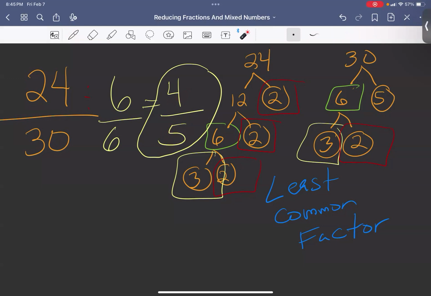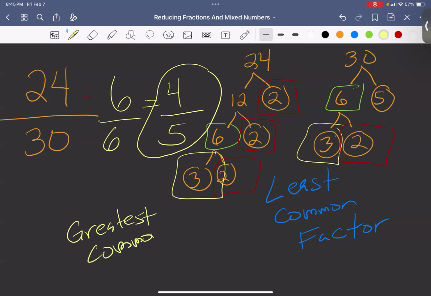So our final answer is 4 over 5. So when you're dividing fractions, you want to use the biggest common factor that both numbers have in common. So that would be what's called the greatest common factor, or the GCF.